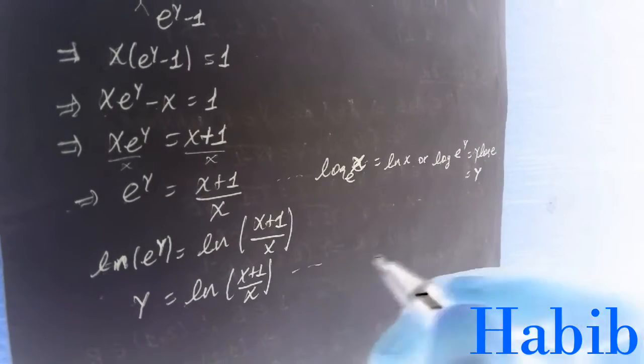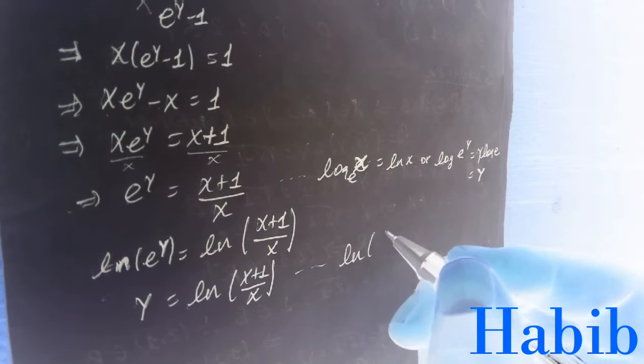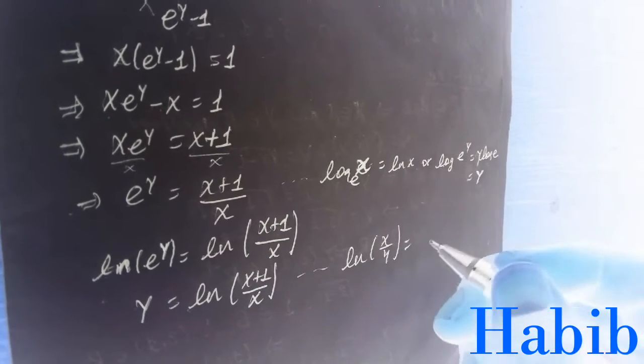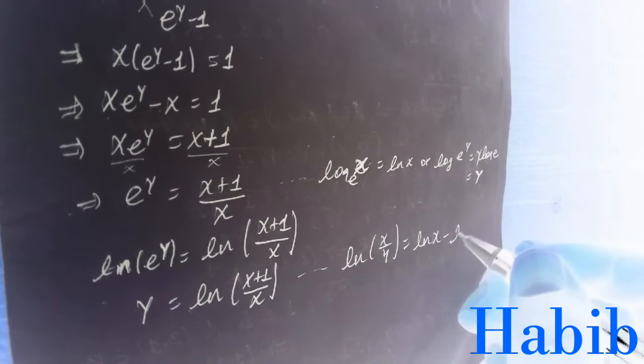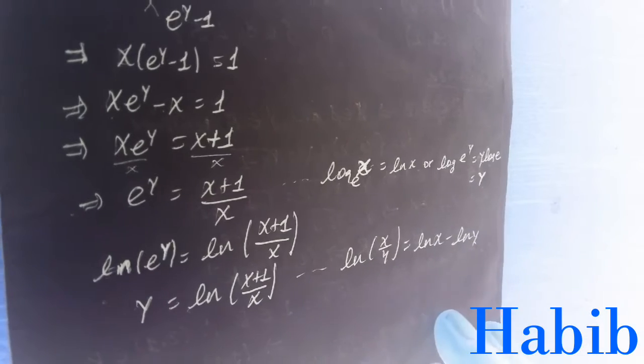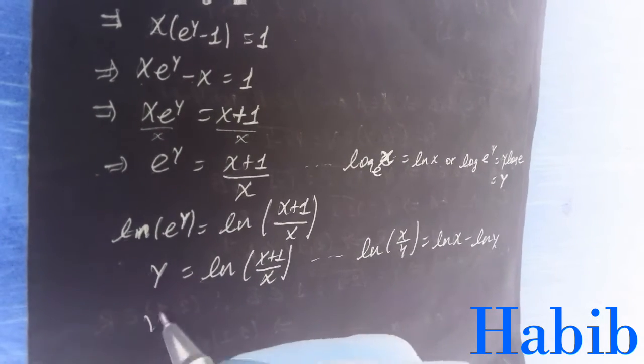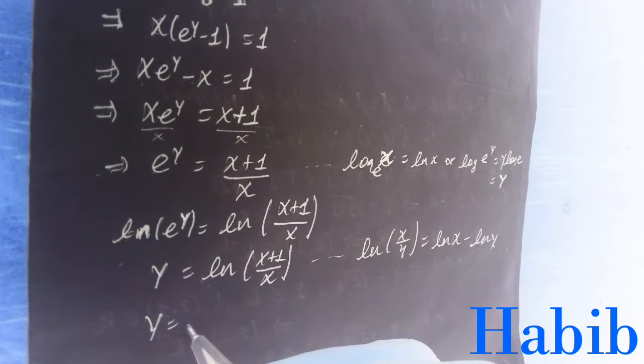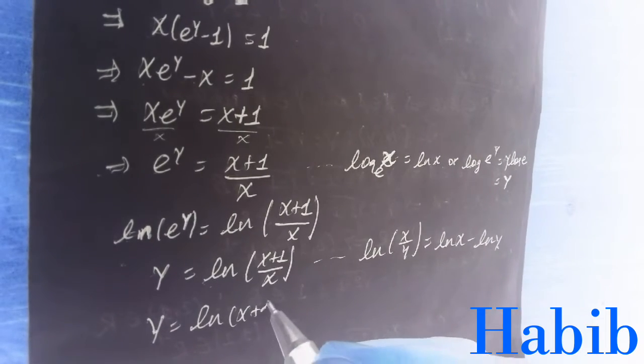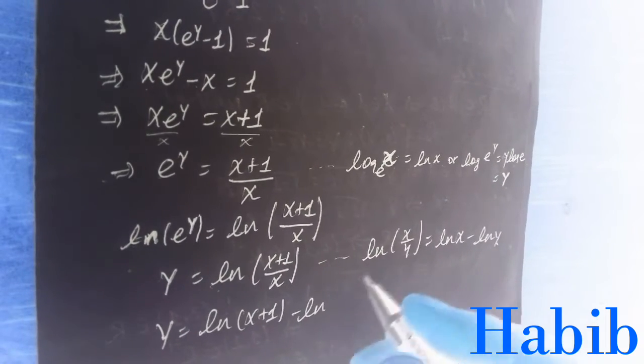As you remember from the law of logarithms, ln of x over y means ln x minus ln y. This is the rule. Therefore y equals ln(x plus 1) minus ln x.